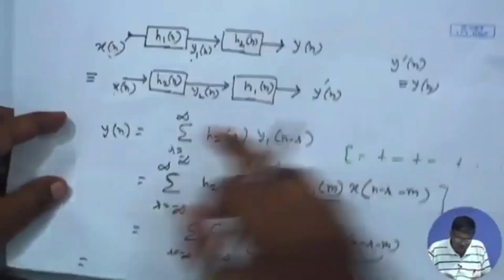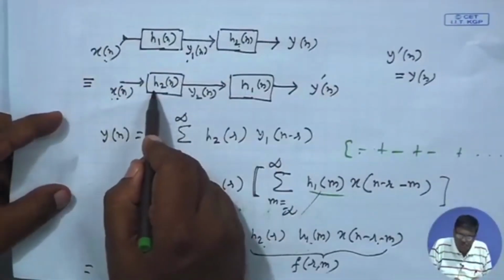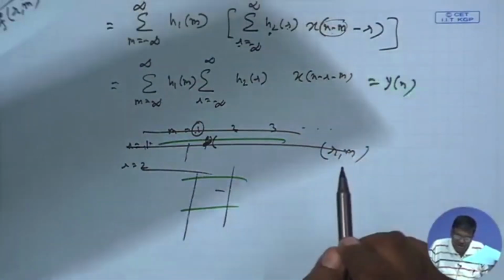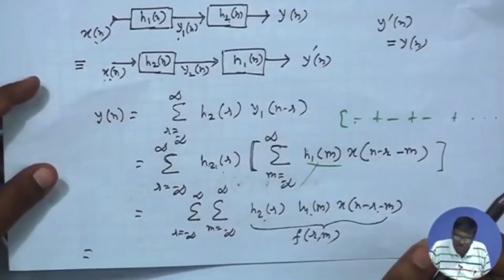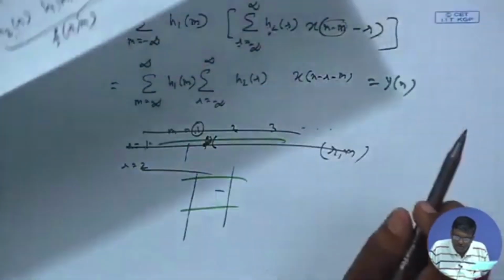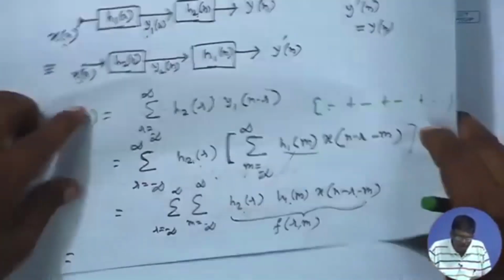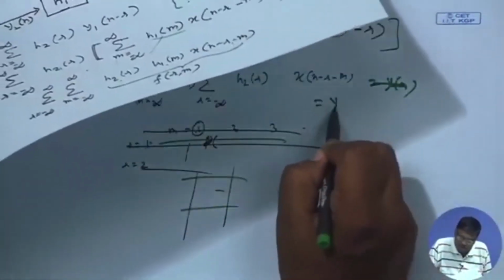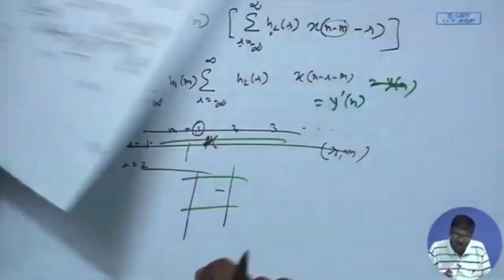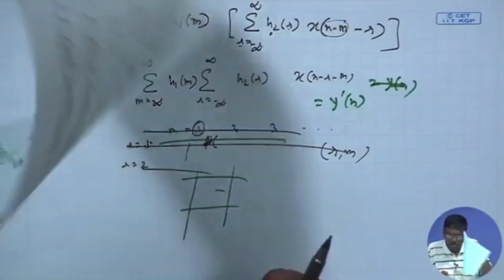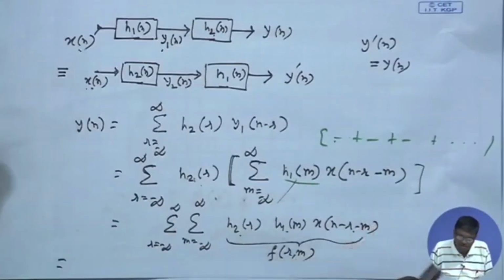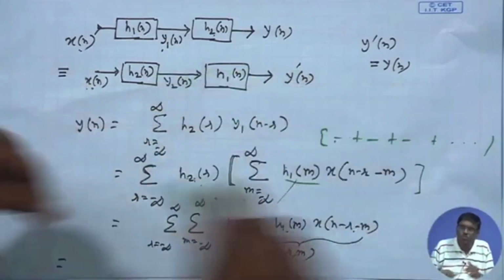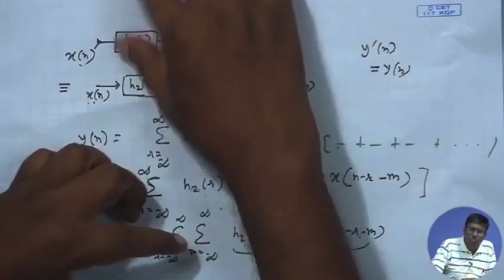We have already seen that it is the convolution between the two. So y prime n is the same as y n. We started with y n, and this is what the figure shows to be y prime n. So this proves the equivalence, which means you can interchange the two. That is all for this session. Now, we will move to the next session.